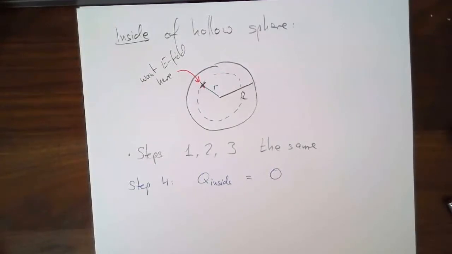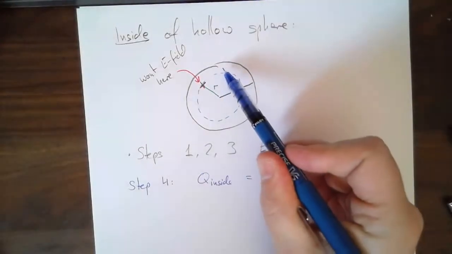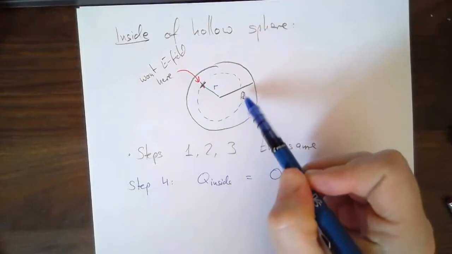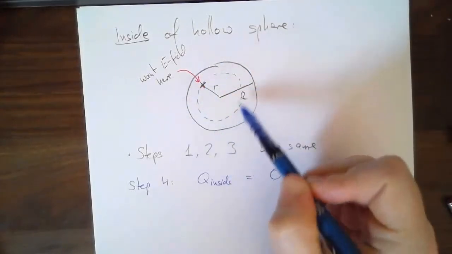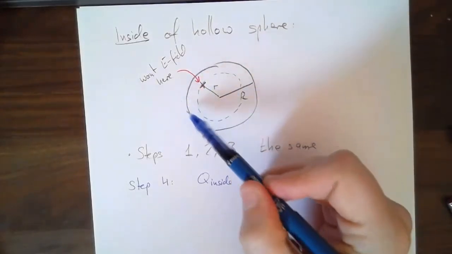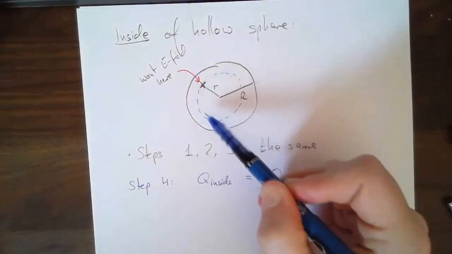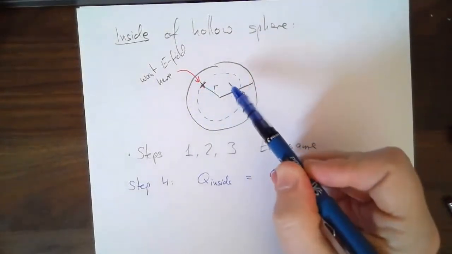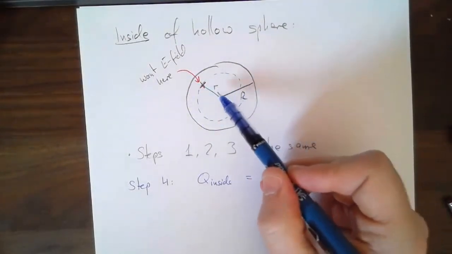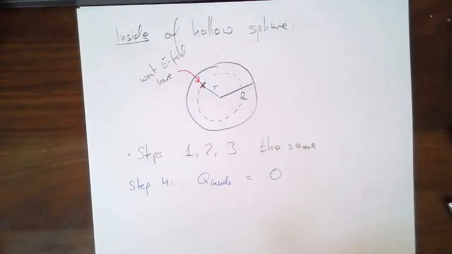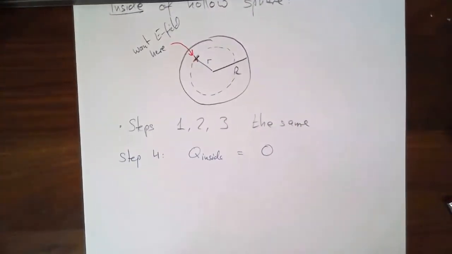Because all the charge is outside of this. It's surrounding it, but none of the actual charge is inside our imagined sphere, as long as little r is smaller than big R, which is the case we're considering.